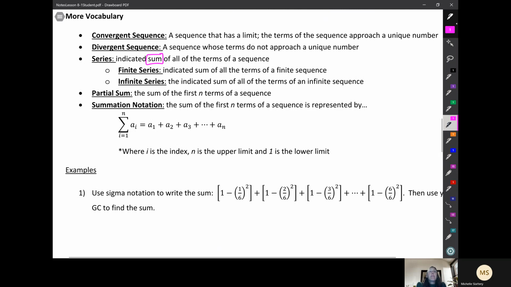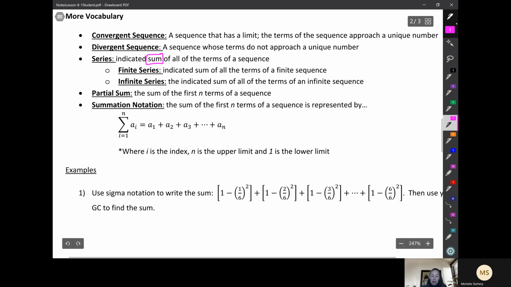All right, then we have summation notation. Summation notation, you guys should remember from last year. We write summation notation using this here, which is called sigma. Sometimes you'll see it called find the sigma notation. And what that means is you're going to add up all the numbers by first plugging in this bottom number of 1, and then plug in every number up to the top number of n.